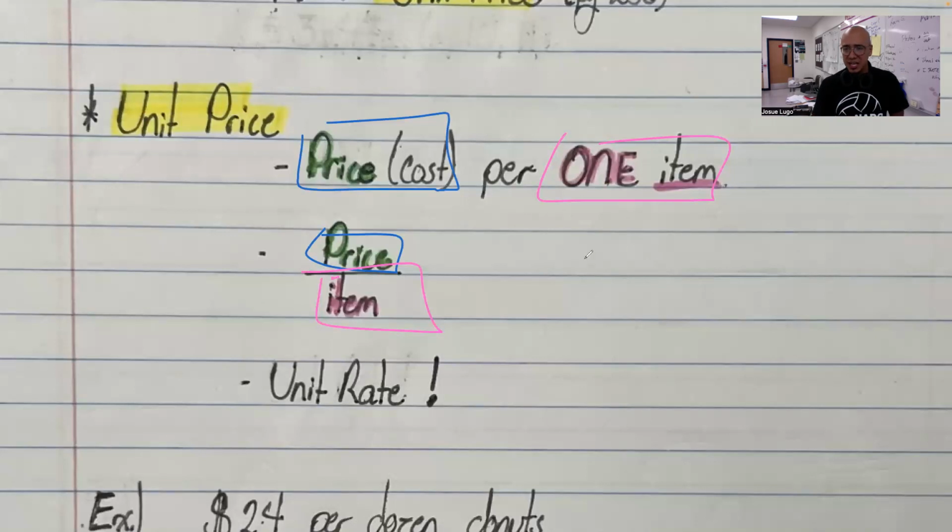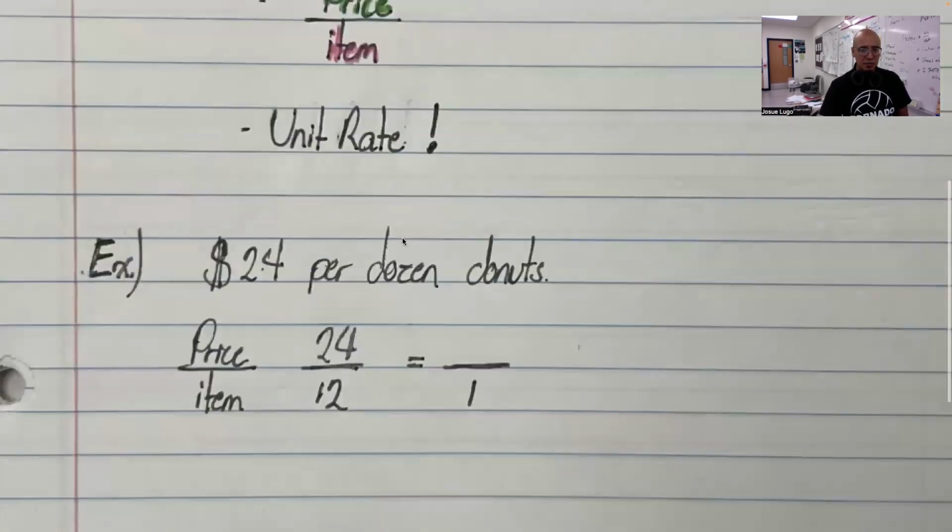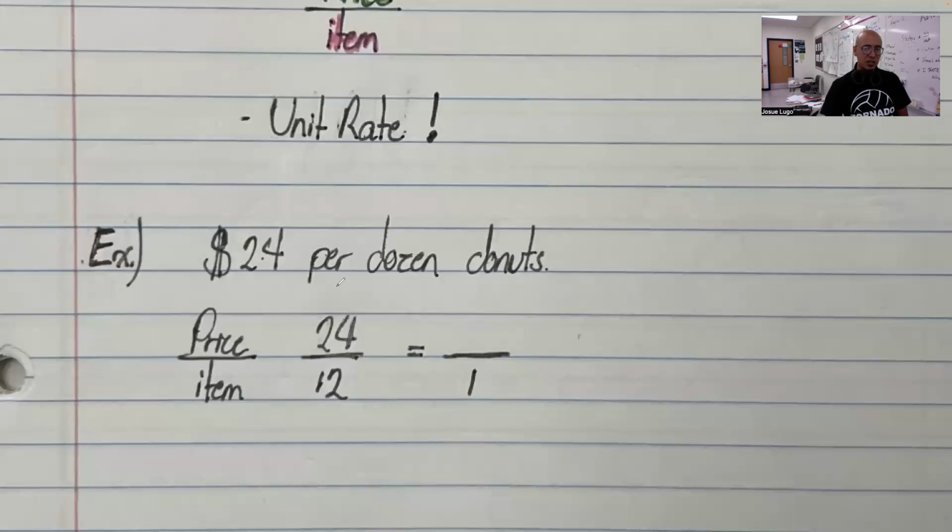All right, so this is a rate. This is a ratio, and it's always going to be the price, or the cost, on the numerator, over the item in the denominator. And that item could be pounds, ounces, or containers. And yes, we are going to be trying to find the unit rate, the cost per one item. The example we just did with the donuts is a unit rate.